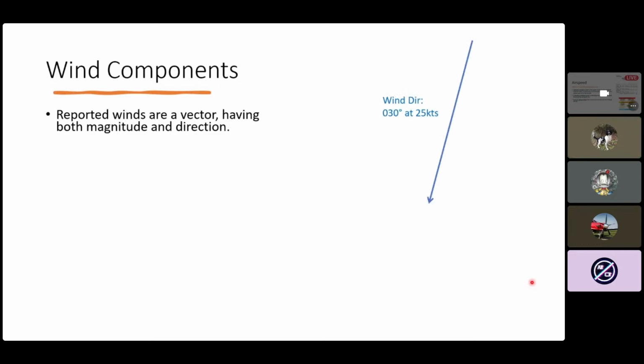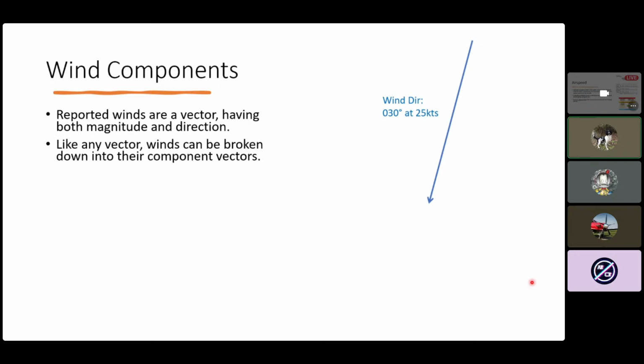So winds are a vector. Are we all mathematically inclined in the session today? Yes. A little. Well, it's high school maths, so don't worry, it's not too technical. Like any other vector, you can break the wind down into components.